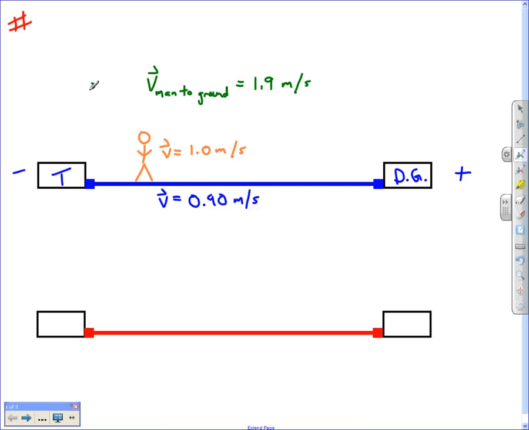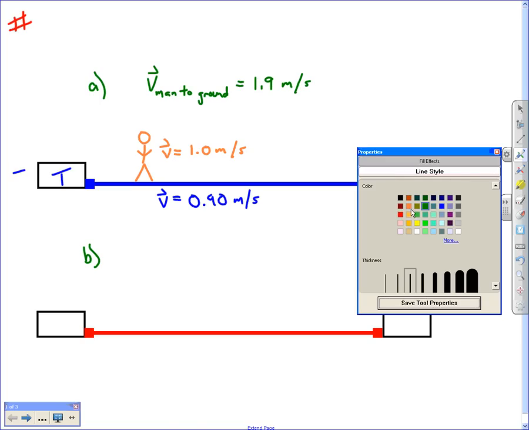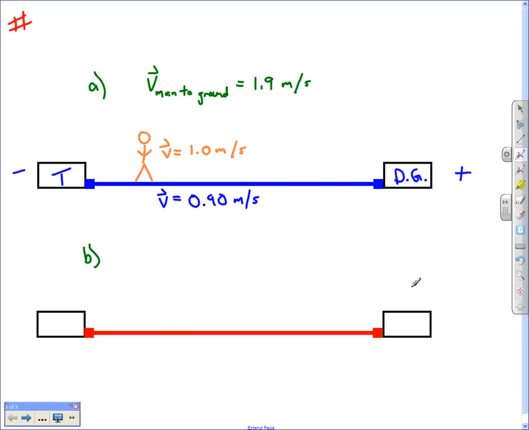That was part A. Part B was a little different. It was a similar sidewalk, but moving in the opposite direction. This particular sidewalk had a velocity of 0.90 meters per second, but this is still positive, this is still negative, this is still the departure gate, and this is the terminal.